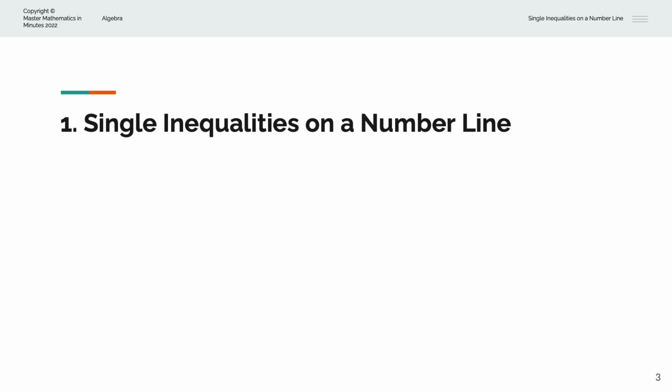So, what are single inequalities on a number line? We can represent single inequalities on the number line. Consider this visually. We have a single inequality x less than c.